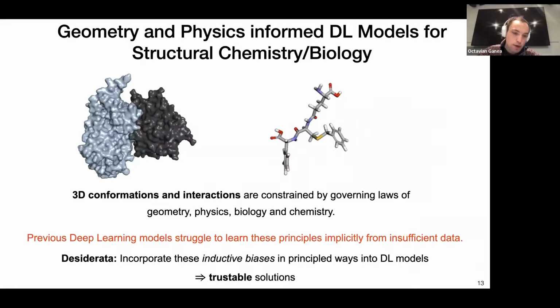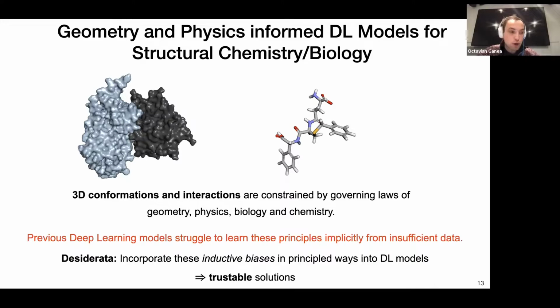The goal here is to incorporate as much prior knowledge as possible, in principled ways, into these deep learning models, and I call those inductive biases. These are priors, really domain knowledge priors, and I'll give some examples in a second. The goal of incorporating these priors into our deep learning solutions is to build trust.